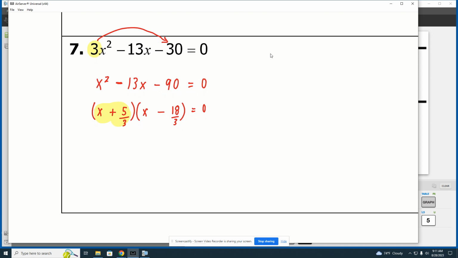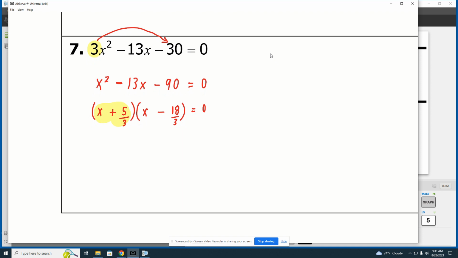Yep. If I were asking you just to factor it, I would expect you to write 3x minus 5. Do you understand that? Let me say it one more time. If I was expecting you to just factor, I would want you to write this factor as 3x minus, or plus 5. Do you hear me?